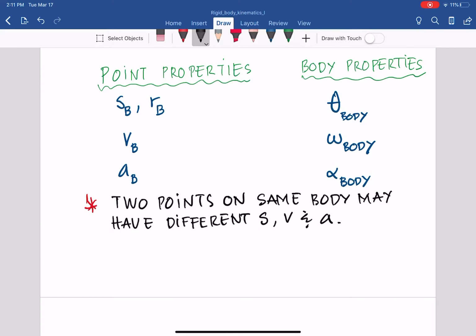So that's why we call it point property. It applies to which point?